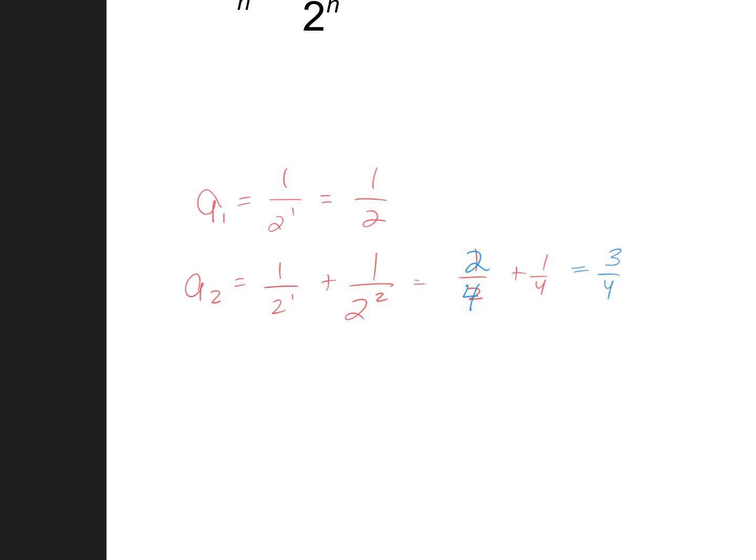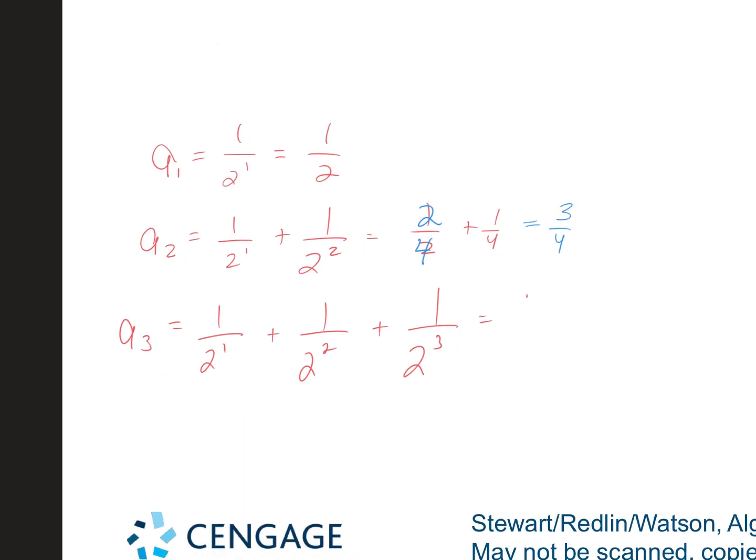Good. So if I'm going to find the third partial sum, what am I going to plug in? 1, 2, and 3 and add them together. So 1 over 2 to the first plus 1 over 2 to the second plus 1 over 2 to the third. Now, I need to see this, guys. I need to see what you're doing, not just what you get in your calculator. So if we simplify this, it's 1 over 2 plus 1 over 4 plus 1 over 8, correct? What's your common denominator between 2, 4, and 8? 8.